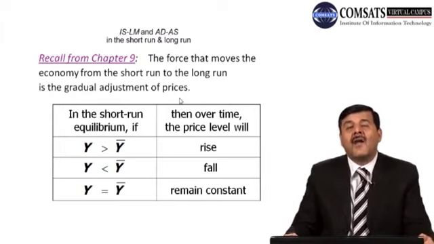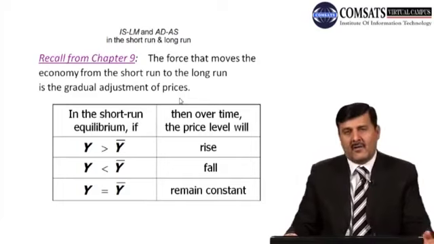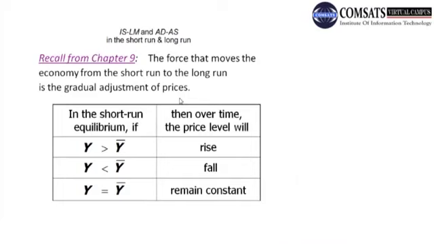So when Y is equal to Y bar, then prices remain constant, right? So price is the only variable in the long run which can establish the equilibrium in the economy back to its natural level of income.